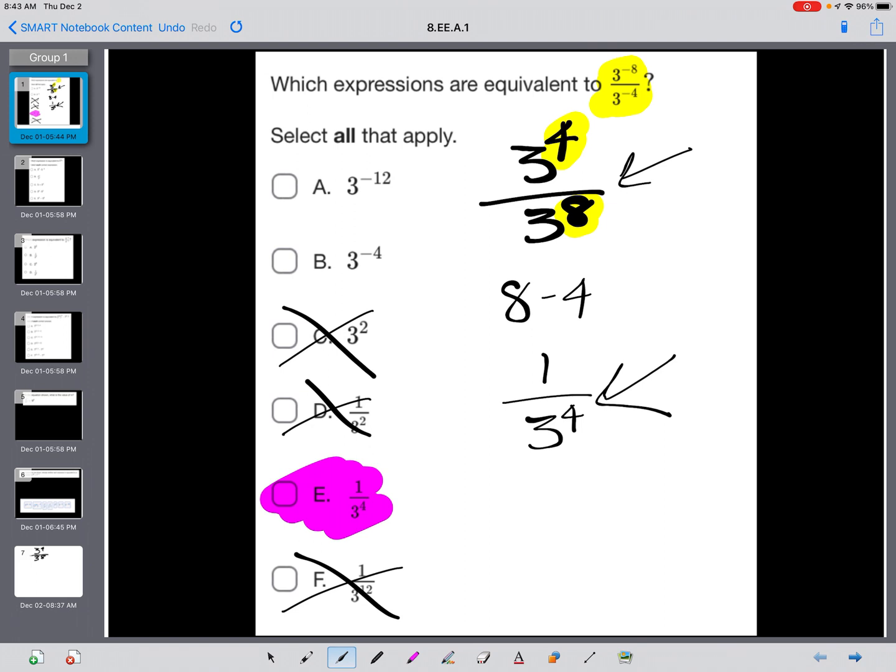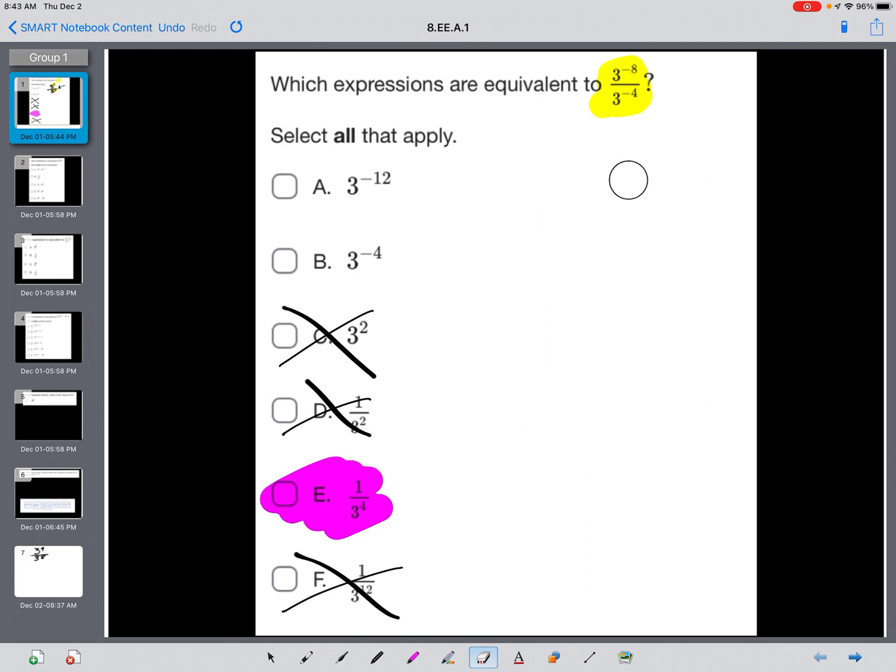Okay, but let's take a look at a and b to be sure that none of these, or maybe one or both of them, might be equivalent. So another way to rewrite these would be to subtract from numerator to denominator.